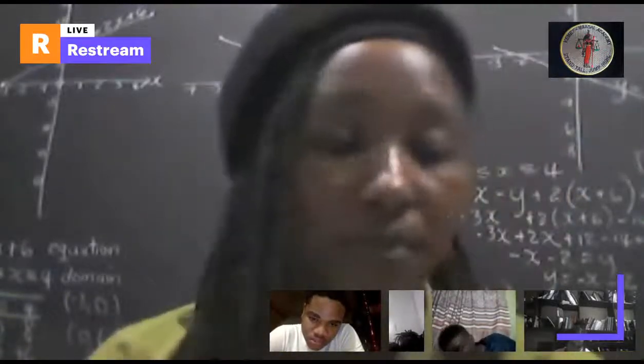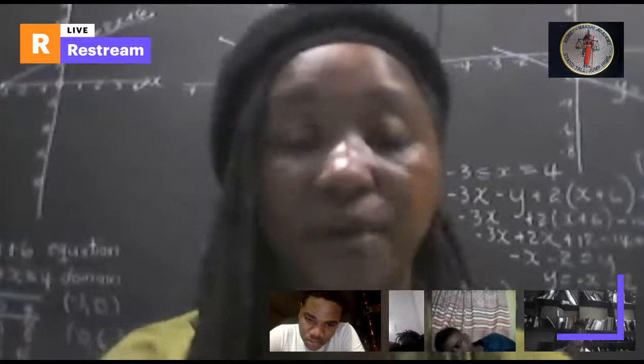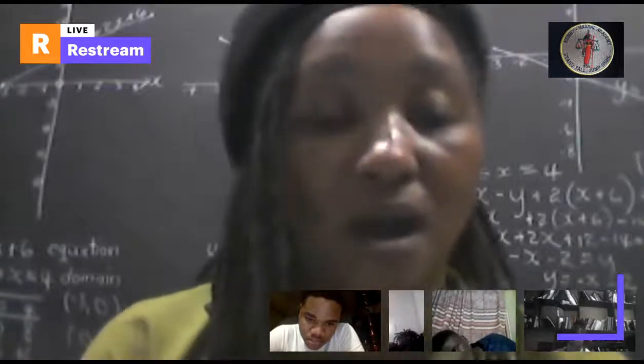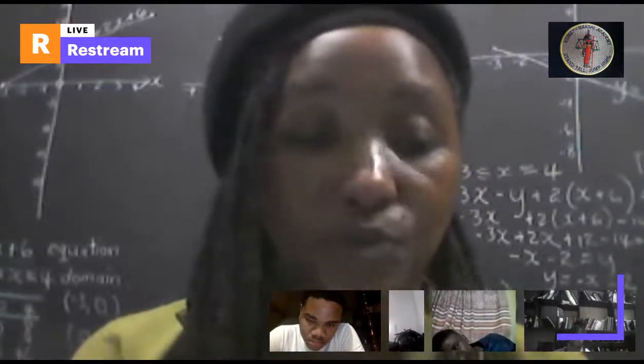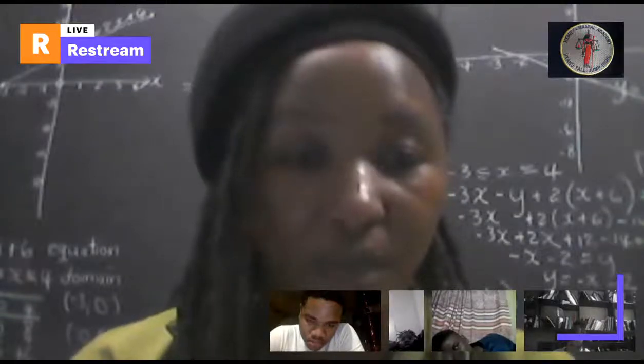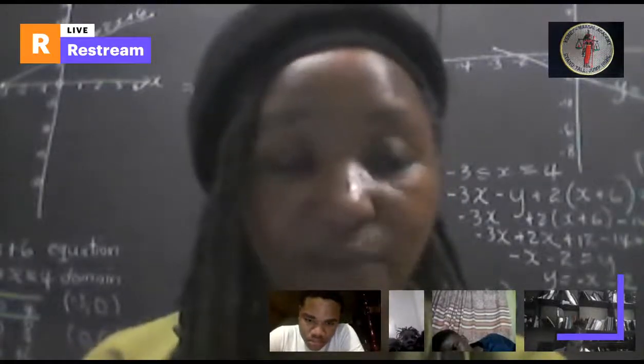The line y equals 4 is just a straight horizontal line that runs through the point 0, 4. So it cuts the y-axis at 4.